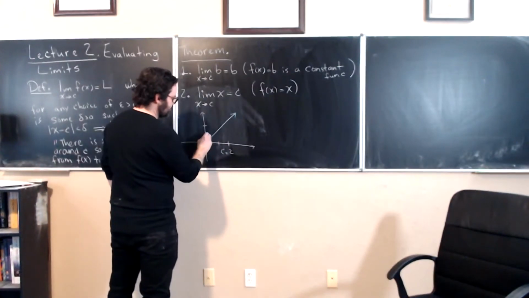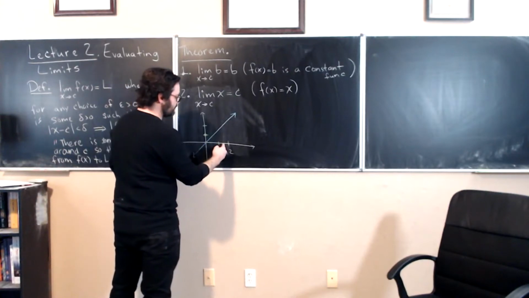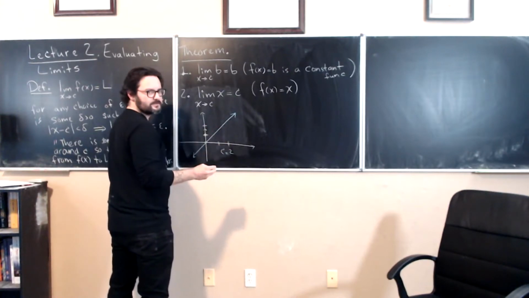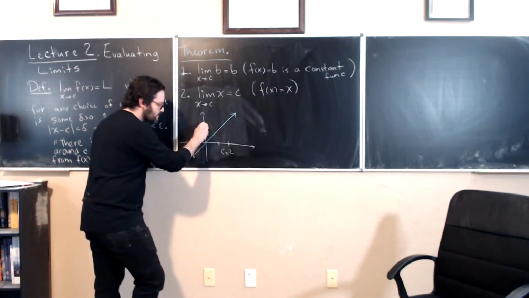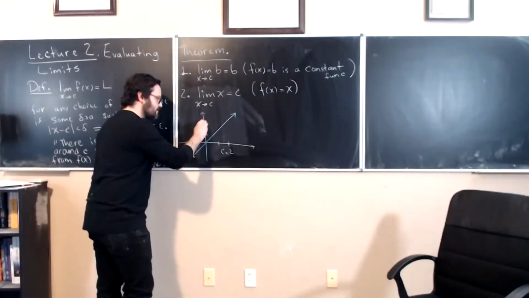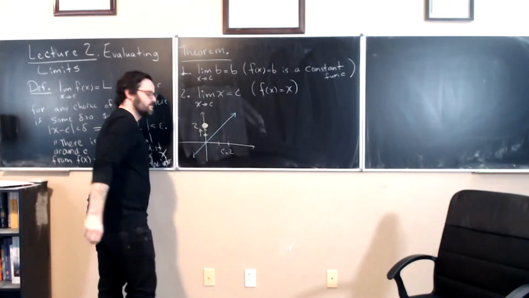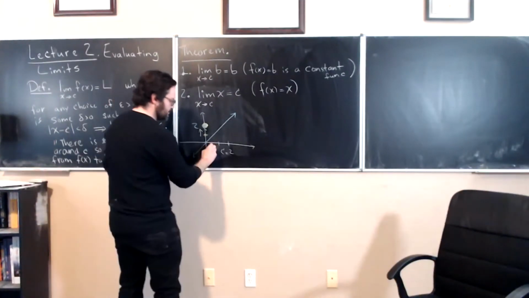When x is equal to 1, the function's value is there at 1. When x is equal to 1.5, we're right there. When x is 1.7, we're like right there. 1.9, right there. Where are we going? We're heading towards 2.